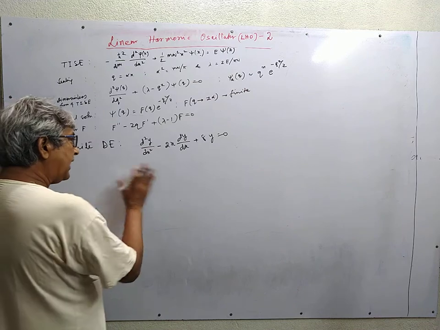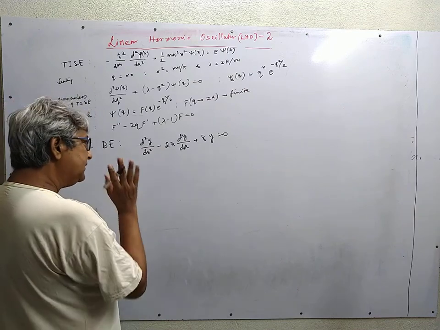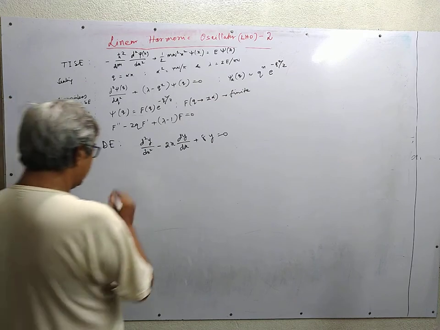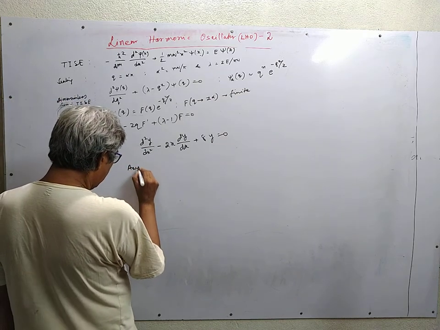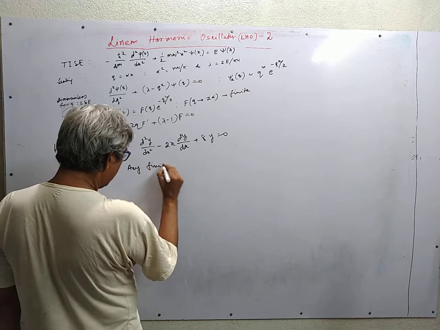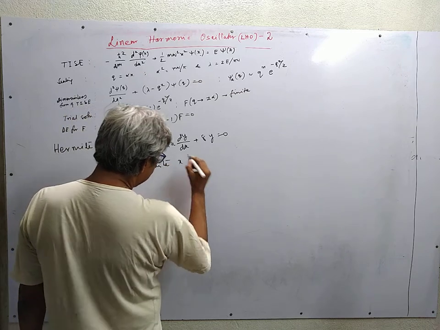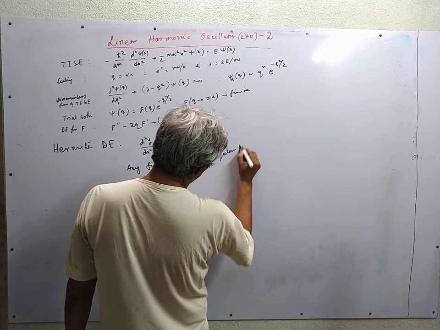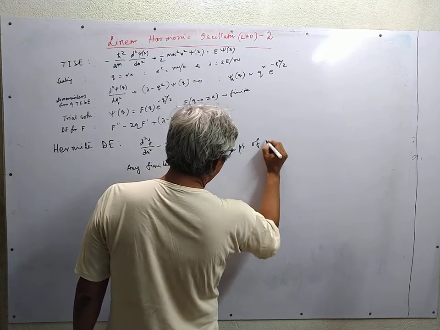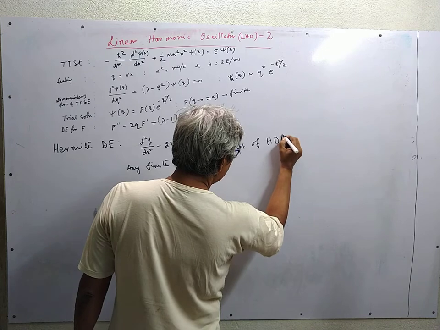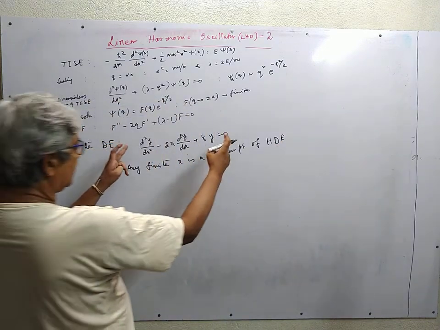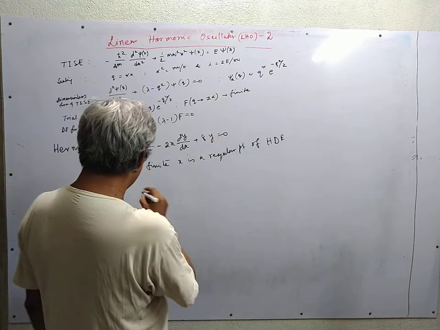It is found that any finite x is a regular point of the Hermite differential equation. So the region of interest is plus minus infinity.